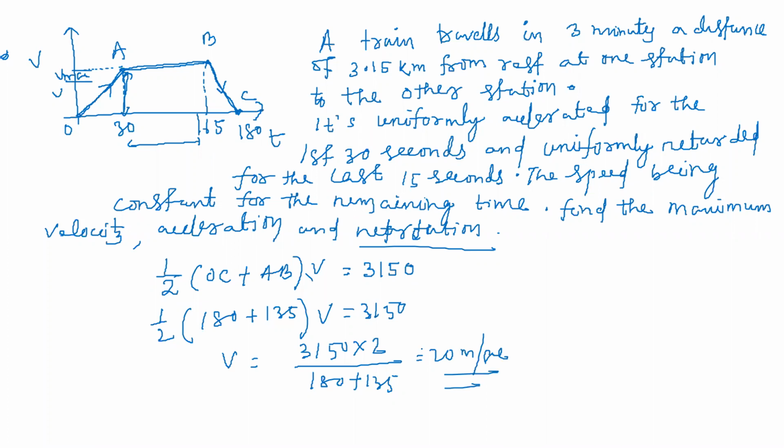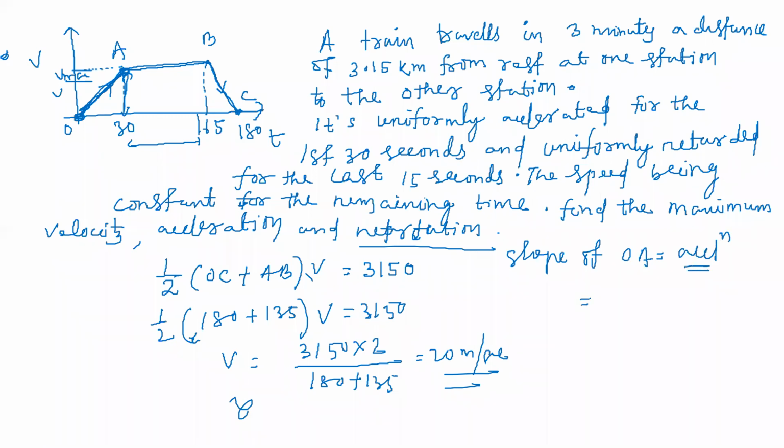So we got the body, which started from rest here. The body started from rest, and by the time it reaches point A, its velocity will be 20 meter per second. Understood? So if I want to find acceleration, then how to find acceleration in the velocity time graph? Slope of this line. Acceleration in the first part is the slope of OA. Students, write slope of OA equal to acceleration in the first part, that is 0 to 30 seconds.